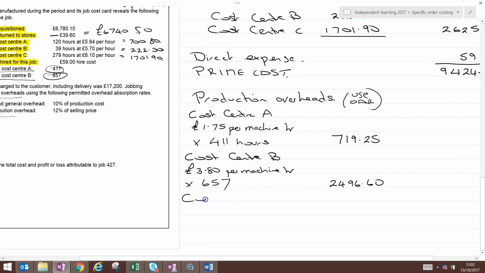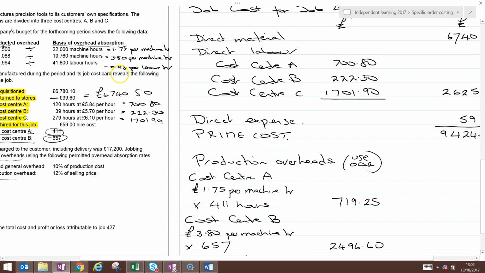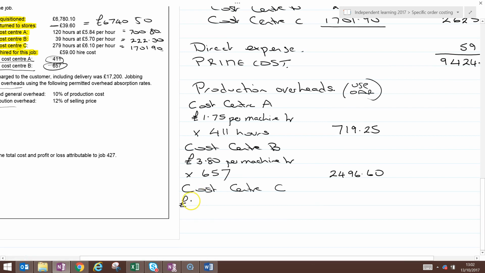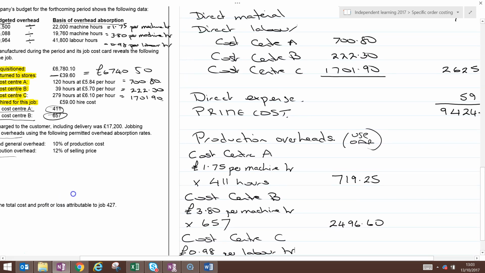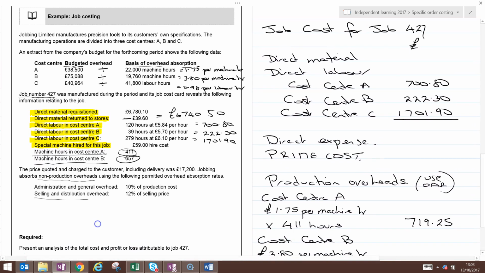Finally, cost centre C, the absorption rate we've calculated is 0.98 per labour hour. So we need to know how many labour hours were worked in cost centre C. So let's see if we can find this information.